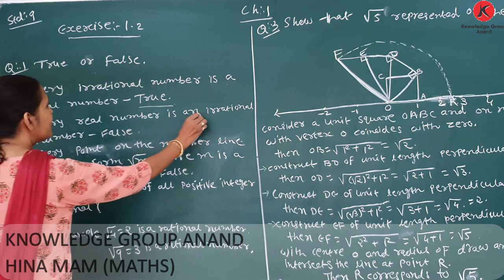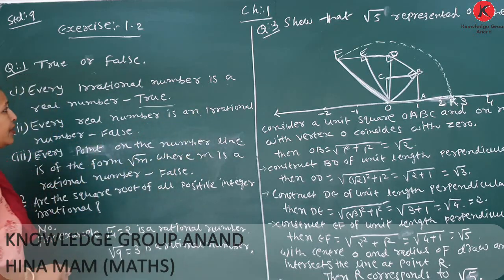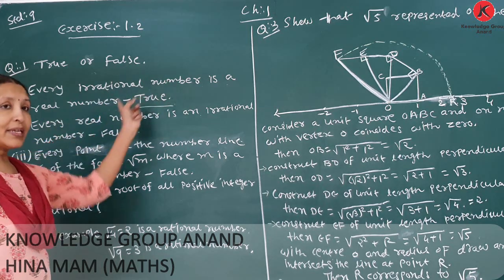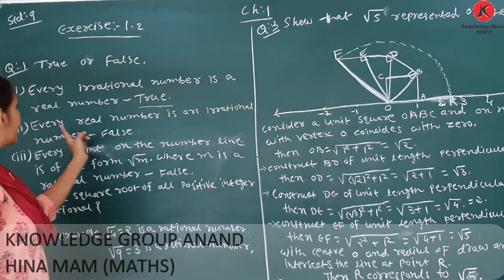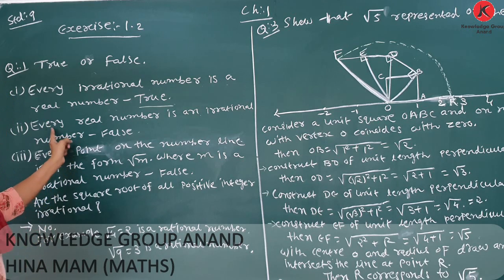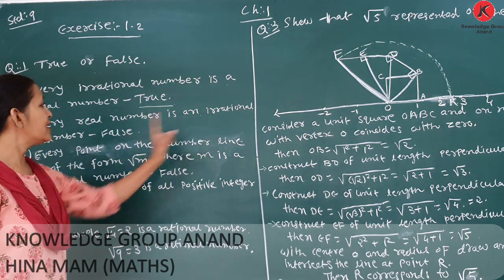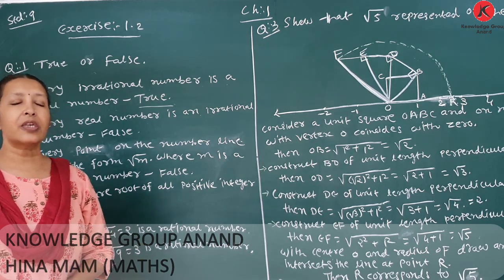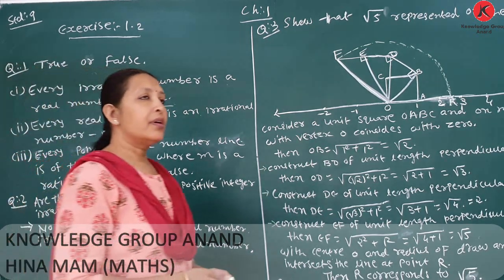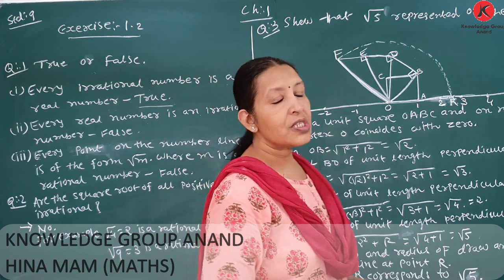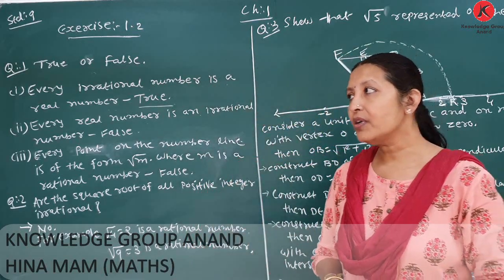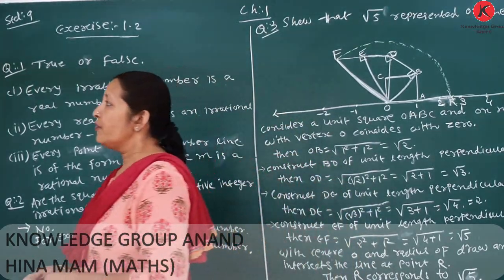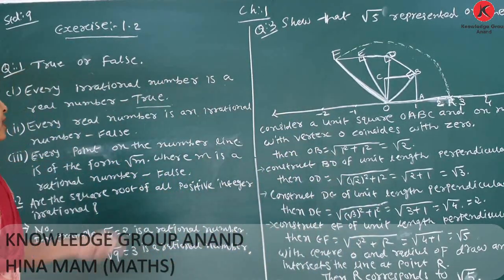Now second. Every real number is an irrational number. It is the converse of the previous statement. Every real number is an irrational number. Suppose root 5 by 7 is not a rational number, and cube root of 9 is not a rational number.